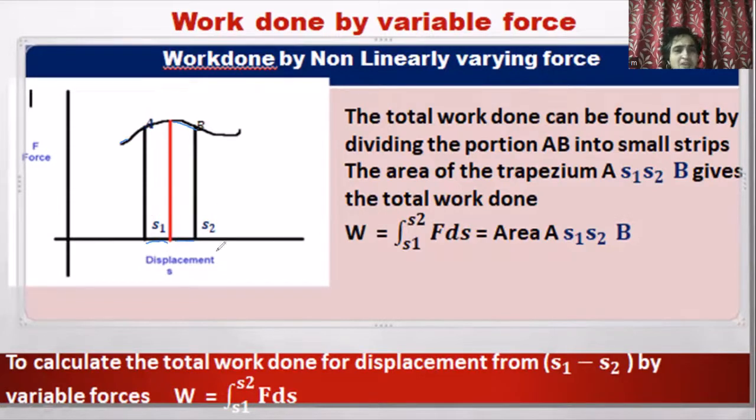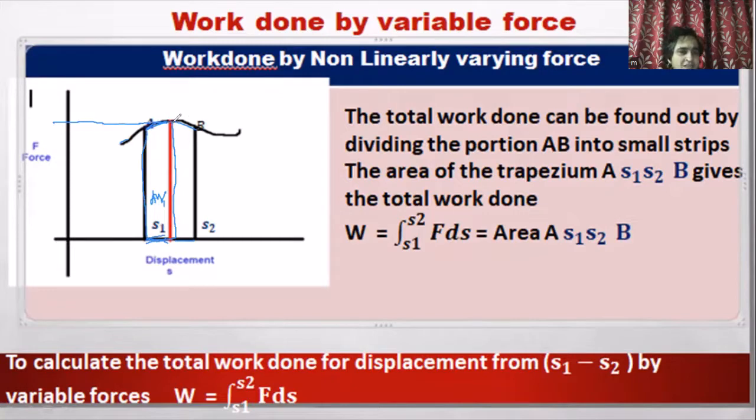So we'll find out the small work dW1 done when the force varies like this and the displacement done is this. So this is the value of the force that we will have, and multiplied by this displacement will be area under this curve. This will be dW1.